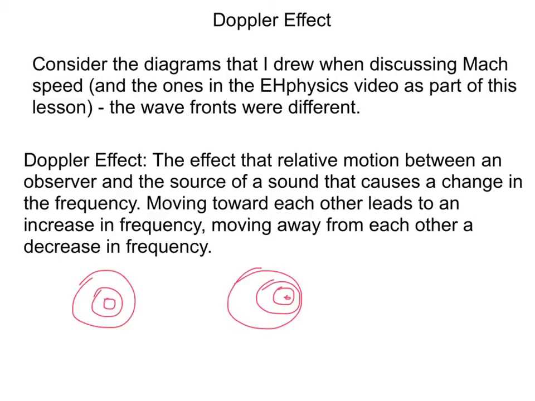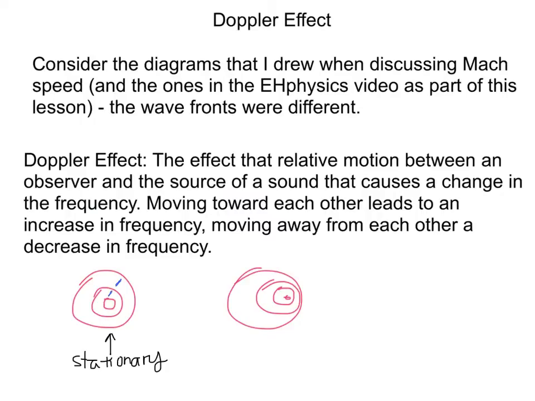So down here, this is sound emitted from a stationary object. So something that's stationary, right? So we get the rings that are concentric, and they're just going outwards. So no matter where we're standing, the frequency is going to be the same, right? Think about it as the frequency is related to the wavelength.